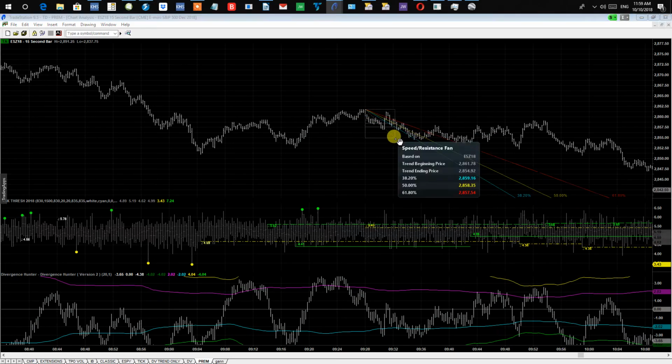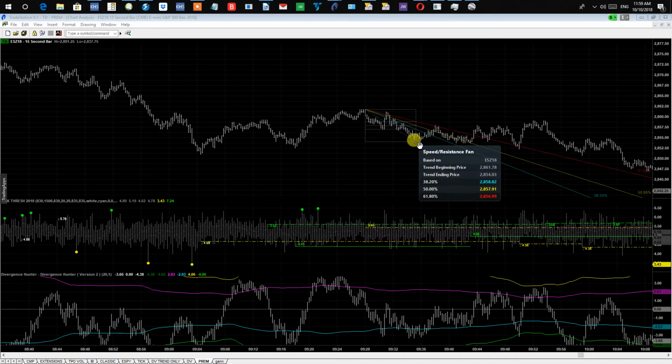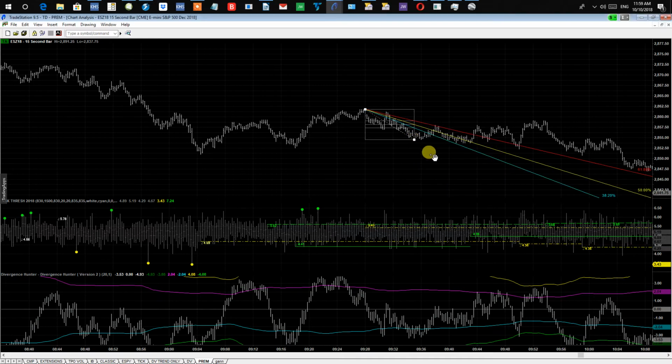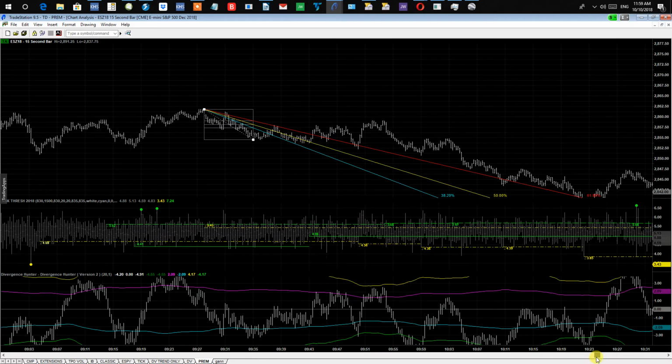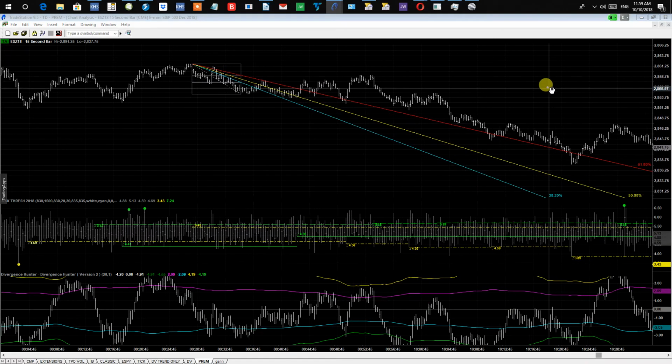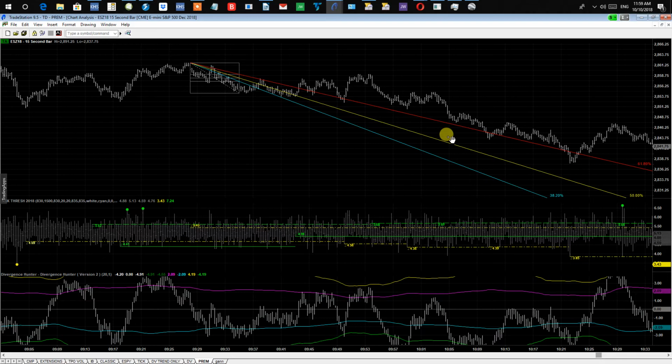Here, and in here, catching this, we caught that. And as you can see, we're catching these bottoms, but we've missed this. We're way over here. Perhaps we need to reset. But we caught some of this.